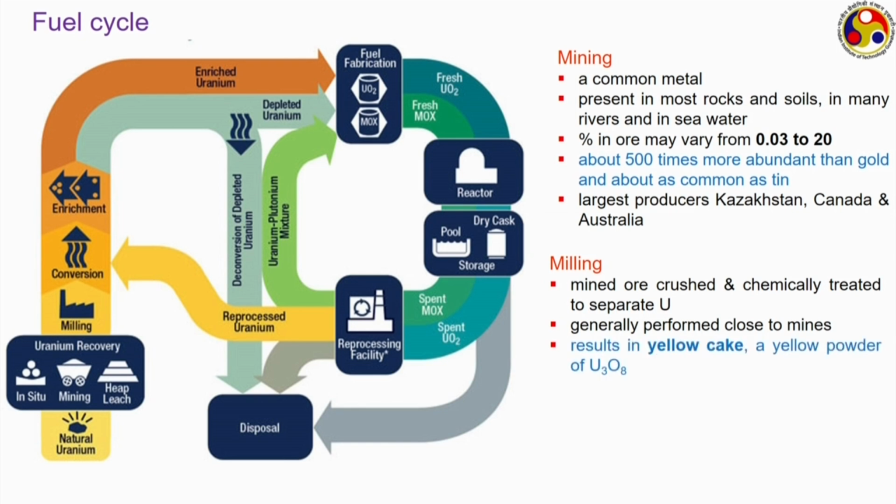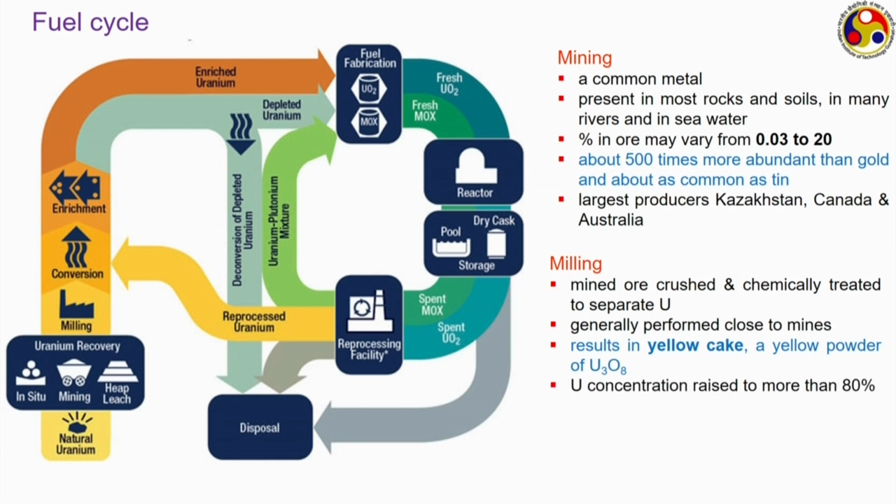And then the result of that milling process is something known as the yellow cake. It is actually a yellow powder of U3O8. Uranium can have several chemical valencies, accordingly it can have several kinds of oxides. U3O8 is just one of them. And from the milling process, the principal product is this yellow powder of U3O8, which conventionally is called the yellow cake.